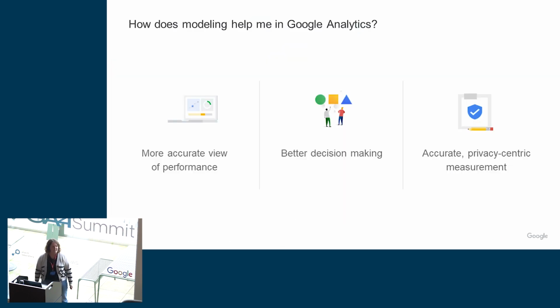Okay, so how does modelling help you in Google Analytics? The first thing is trying to give you a more accurate view of performance. So where you have gaps in data, whether that's because of cookie consent or other reasons, it's giving you a more accurate view of the total. That can then give you better decision making because you're making decisions on the whole set of data rather than just a subset, which is maybe a biased subset.